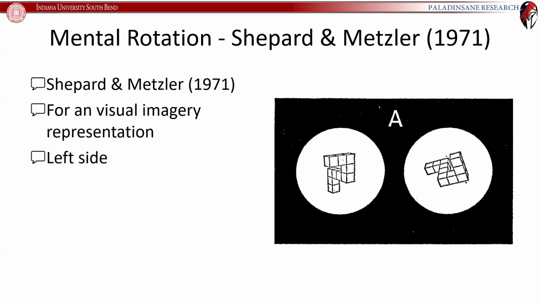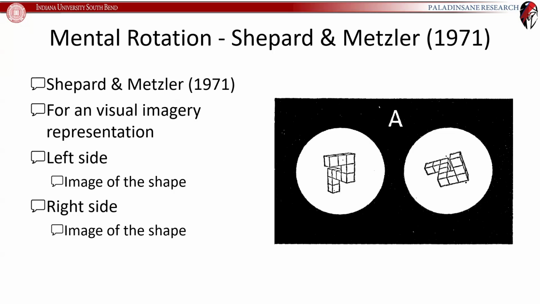So you represent the left side with an imagery representation of the shape. So you actually have an image that preserves the structure of that left side object. And then you have on your right side another imagery representation of the shape that actually preserves the structure, and in this case, orientation of that right side object.